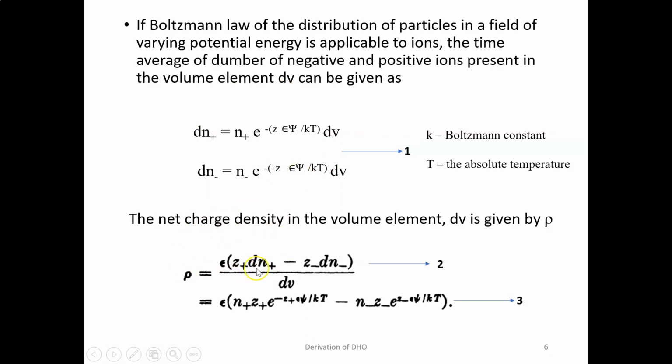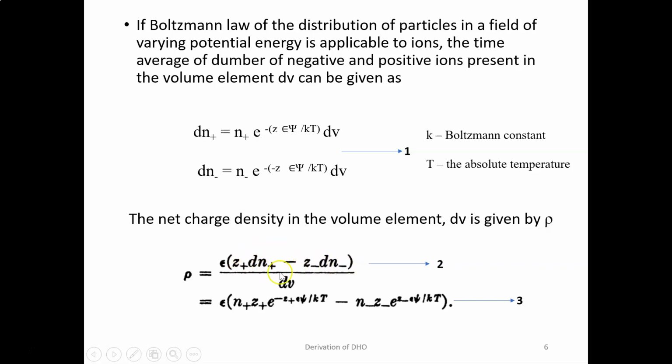So we are now going to calculate the net charge density. Net charge density means you have to find the total charge per volume. That is given by rho. Rho is equal to the unit charge multiplied by the total charge, that is Z+ dN+ minus Z- dN-.